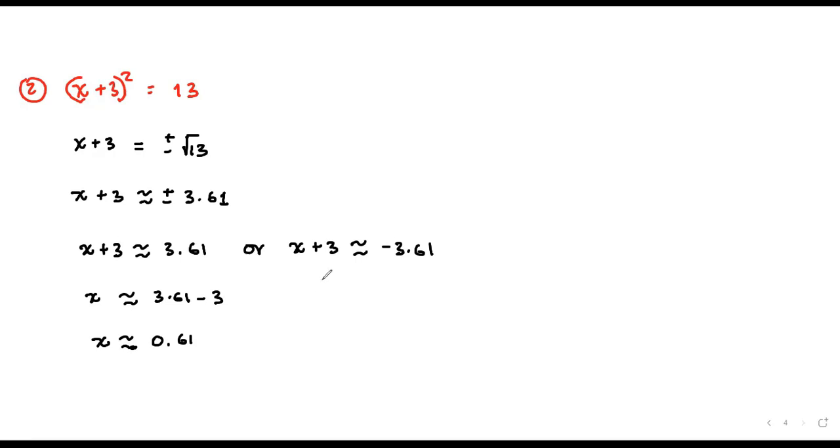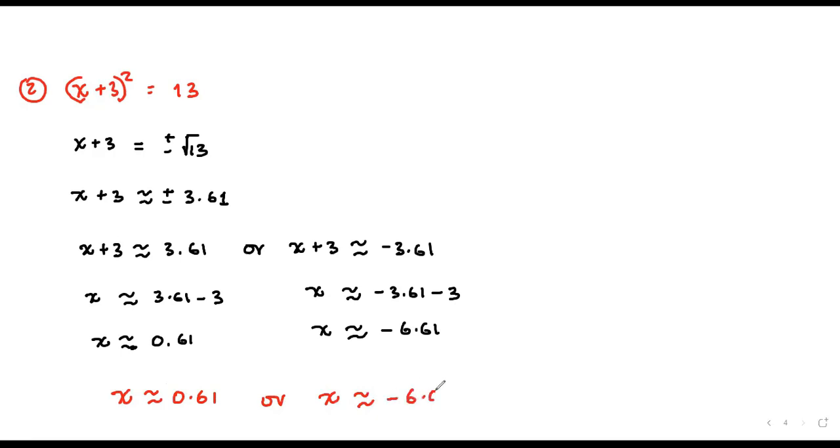And the next answer, x is near to negative 3.61 minus 3, and x is near to negative 6.61. Very good. So our two answers are that x is near to 0.61, or x is near to negative 6.61. I hope you have understood this, right?